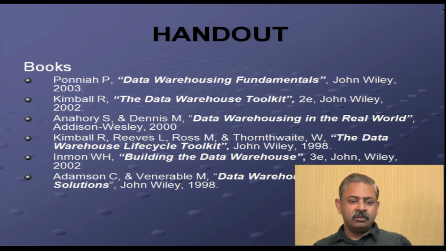Then we have Inmon and Dennis, another standard book on data warehousing. And then we have Kimball and Ross et al., which is basically the data warehouse toolkit. And then we have another book by Inmon, Building the Data Warehouse.